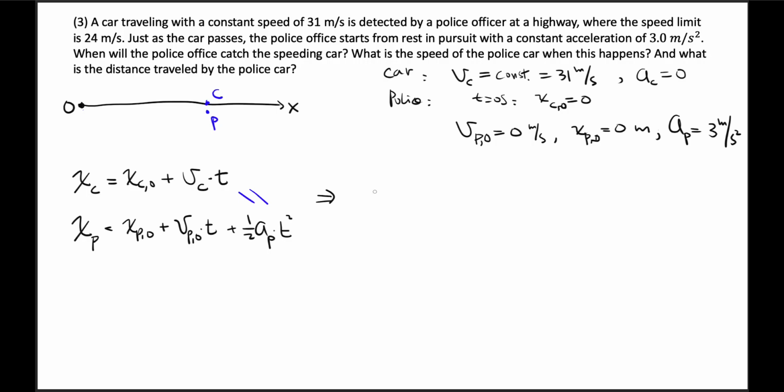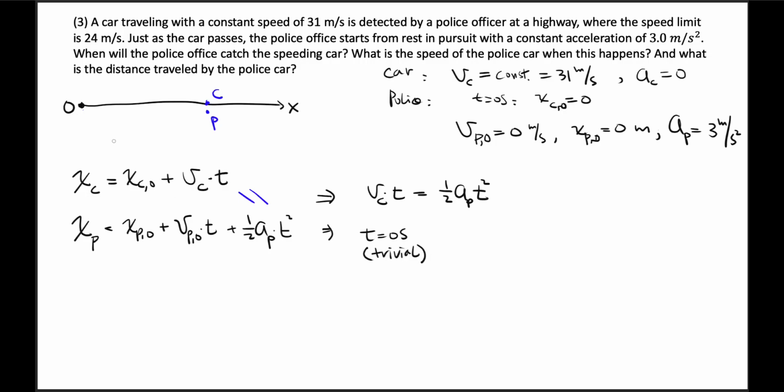So we have VC t equals, police officer initial velocity will be 0 here, so that's why it's 1/2 AP t squared. Okay, now this equation has two solutions. We can say t equals 0 seconds is the solution, but this one is trivial, right?